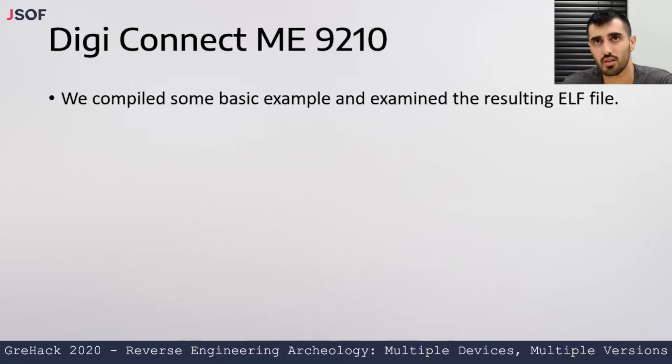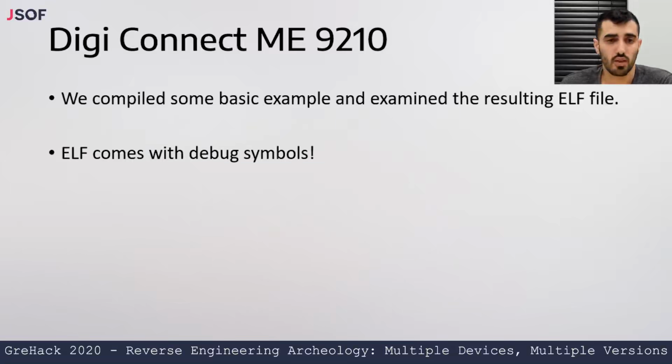We extracted the ELF file, the resulting ELF file, and we found that the ELF file comes with debug symbols. So we now have function names, global variables, some structural definitions, and offsets. So this really helped us gain more information regarding the Treck TCP/IP stack.